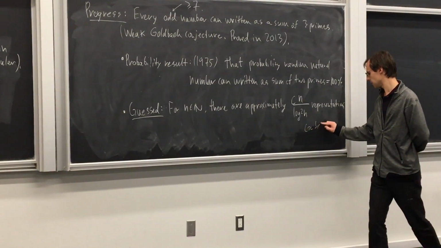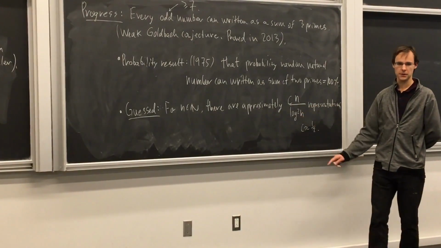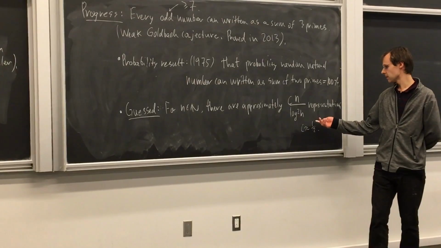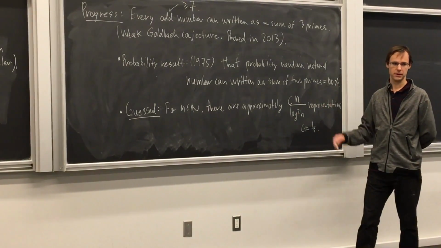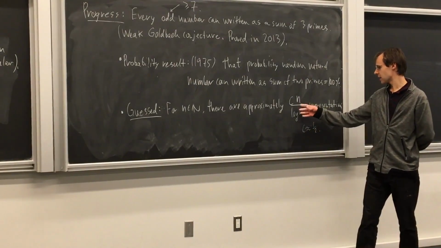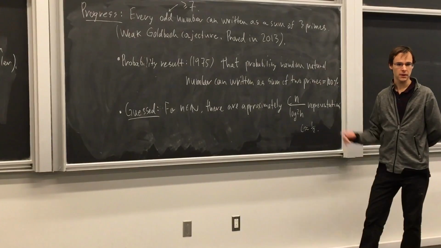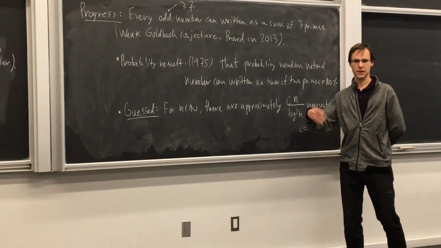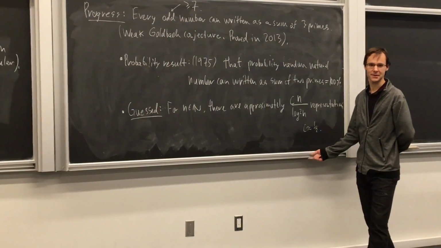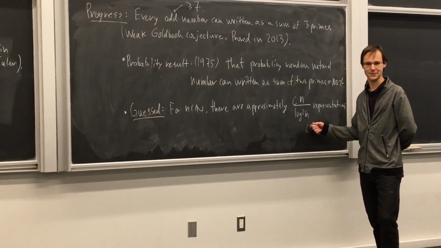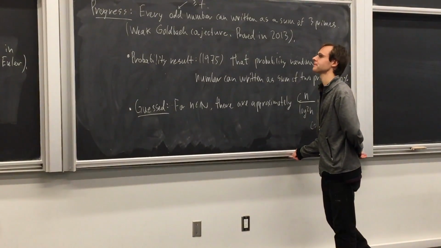Okay? So if you plug in, say, 100 into this formula, you get 100 over, log here is the natural logarithm. Okay? So you compute the natural logarithm of 100, square it, divide out the numbers, divide it by 2, which is what the constant is roughly equal to, and you can see roughly how many ways 100 can be represented. Okay? So there's a little bit of guesswork, but it's not a stupid guess. This is actually a pretty good guess. Okay? Coming from the prime number theorem.